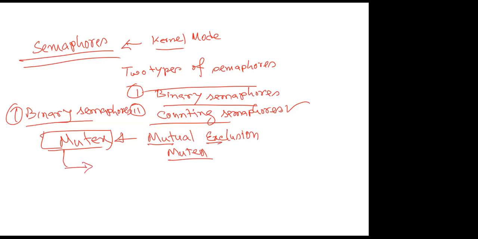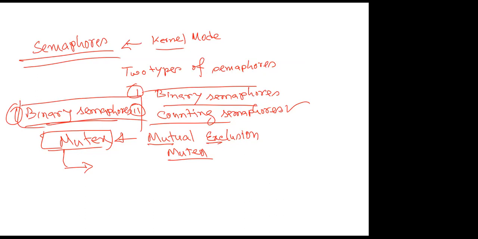Nowadays all operating systems follow this binary semaphore to implement the synchronization mechanism. It is very popular because it always guarantees mutual exclusion, as well as progress and bounded waiting. So we'll learn this.